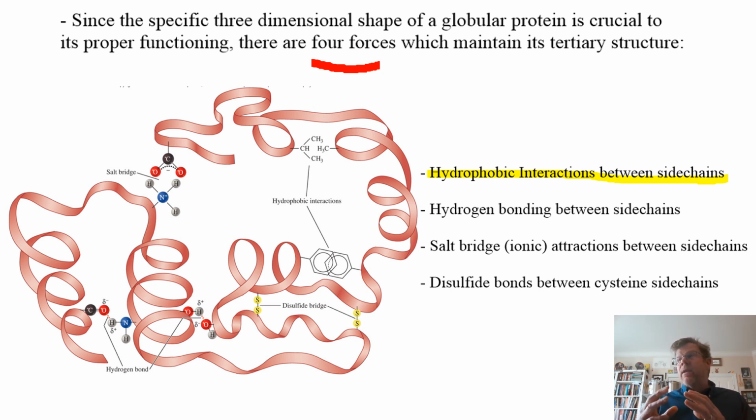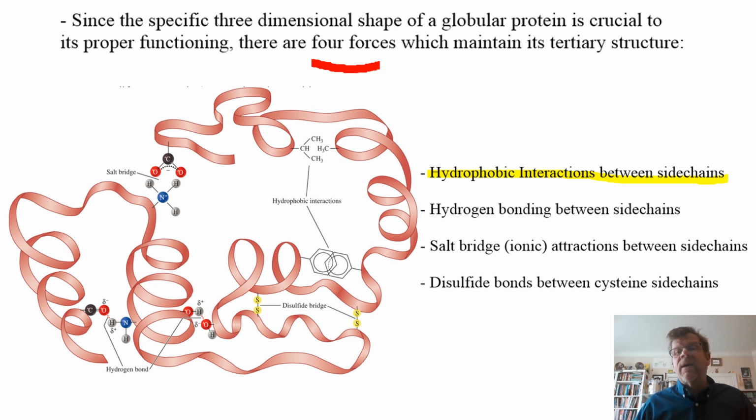You remember that in secondary structure, it was very important that the secondary structure, alpha helix and beta sheet, were all stabilized by interactions between components of the peptide backbone. Those hydrogen bondings. It had nothing to do with interactions of the amino acid side chains. Here in tertiary structure, that script is flipped.